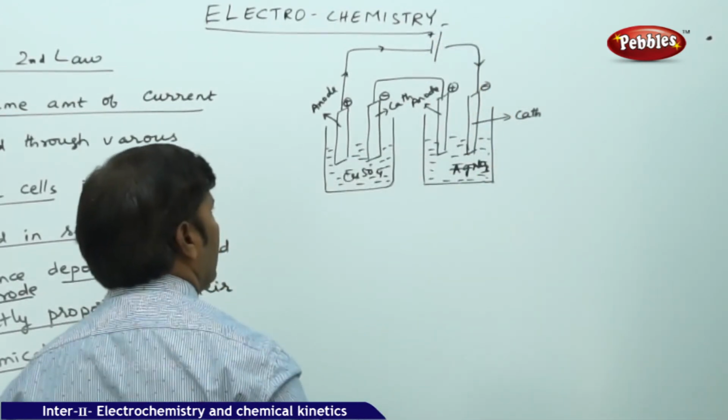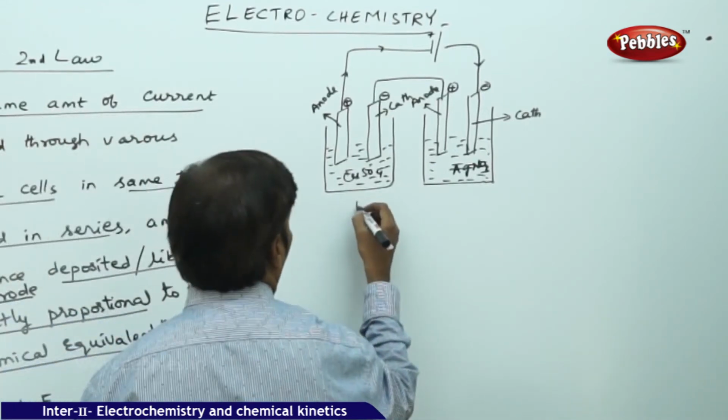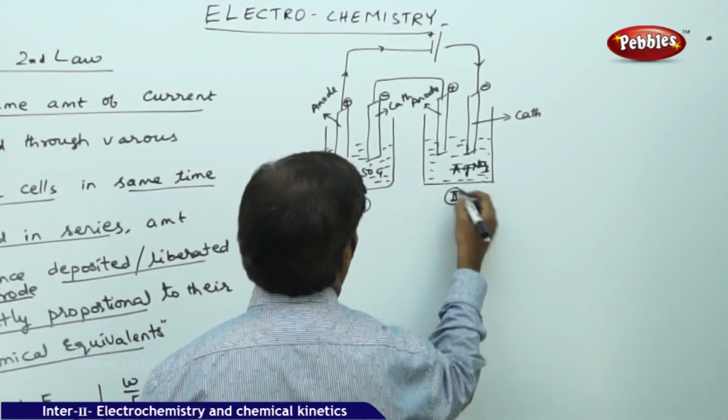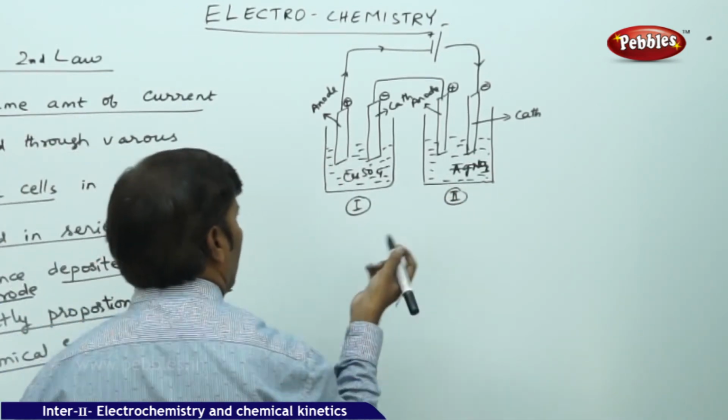What is happening here is, this is the first electrolytic cell and this is the second electrolytic cell, which is connected in series. Suppose a question is given to us.